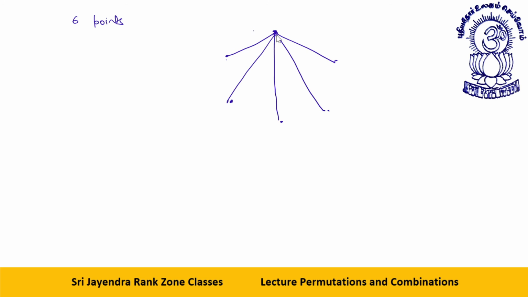So the first point I'm selecting, I'm joining with 5 points. Then the second point, I join this with 1, 2, 3, 4. So 5 plus 4.